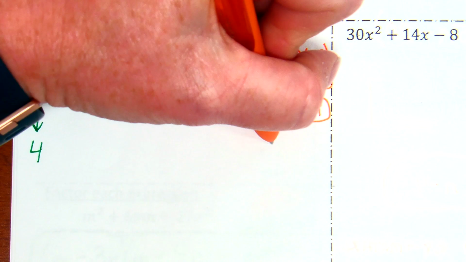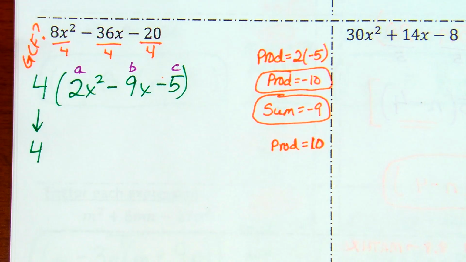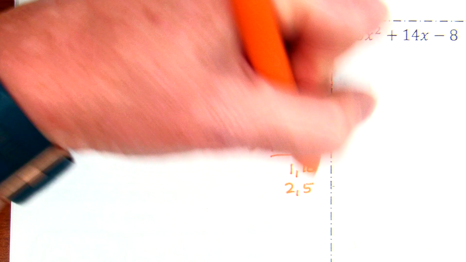Product of 10 is where I start. What multiplies to be 10? 1 and 10, 2 and 5, and we're done, right? Okay. What about signs?